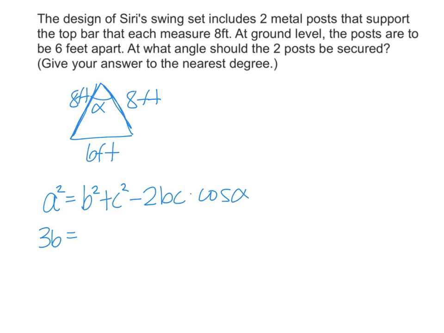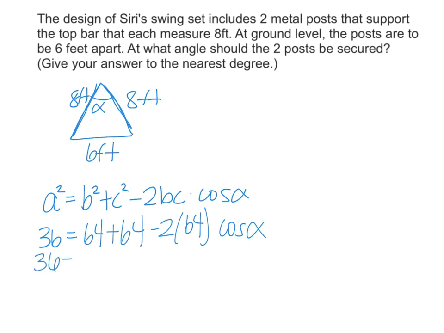So 36 is equal to 64 plus 64 minus 2 times, well, b times c would be 64, cosine of alpha. So we end up getting 36 is equal to 128 minus 128 cosine of alpha, but we know that those don't cancel, so we have to subtract 128 from both sides.